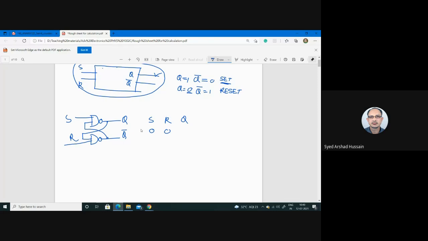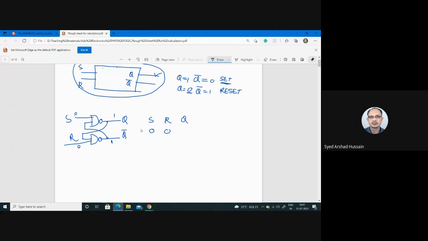Here 0, here also 0, so due to this 0 here it is 1, and due to this 0 here it is 1. This will go back here, so again 1, 0, again 0.